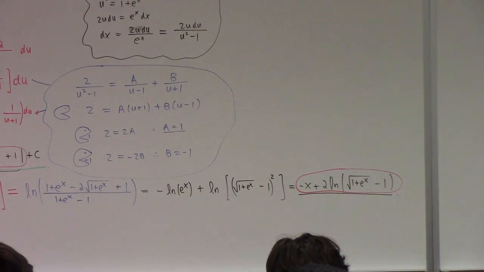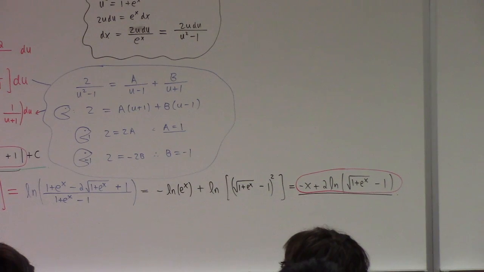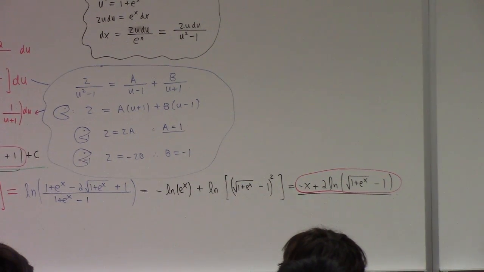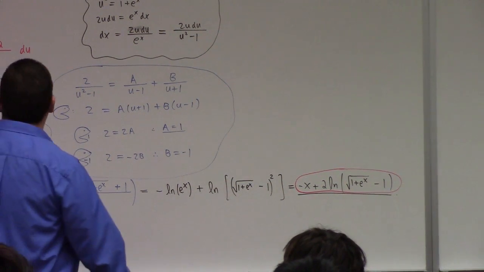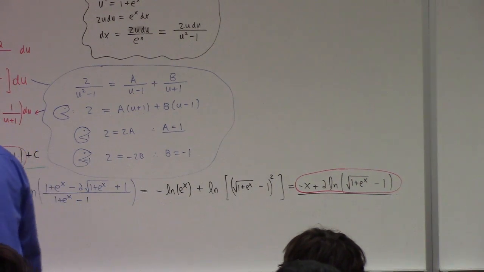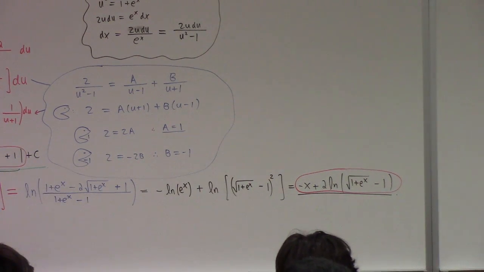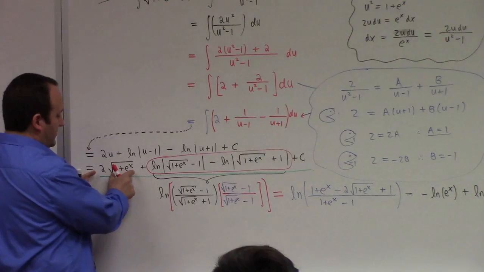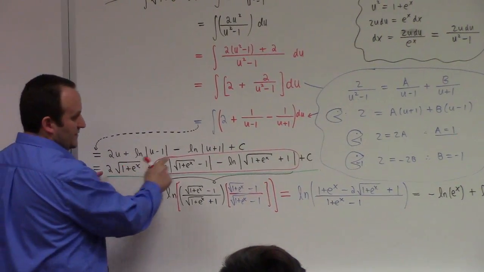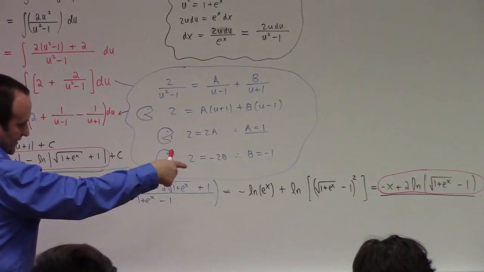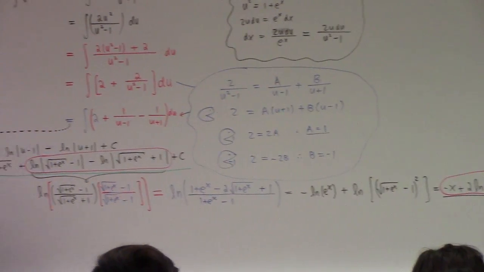So if I wanted you to find your way to what we just found on the test, I would say something like, integrate this function and show that your answer reduces to, well, that's not the answer, right? The total answer is what? It's 2 plus the square root of 1 plus e to the x minus x plus 2 times that natural log plus a constant, right?